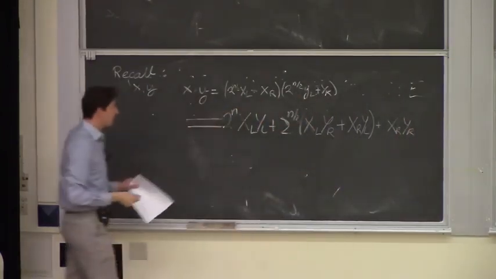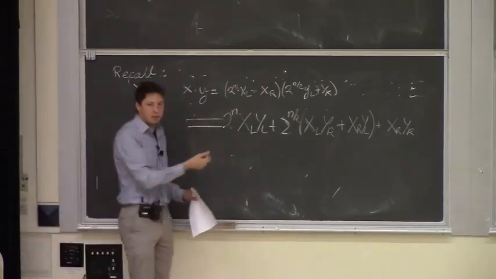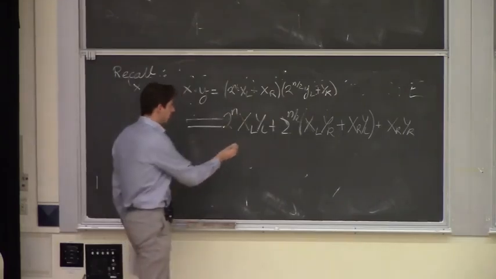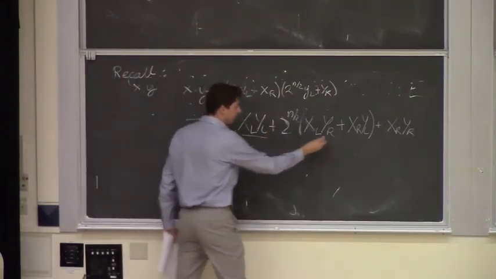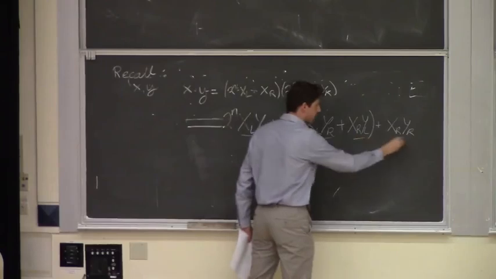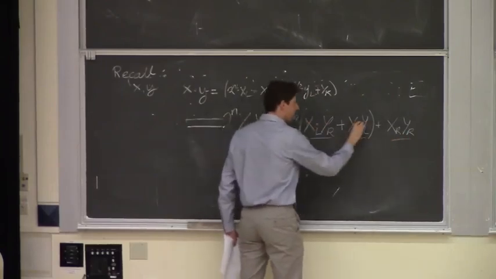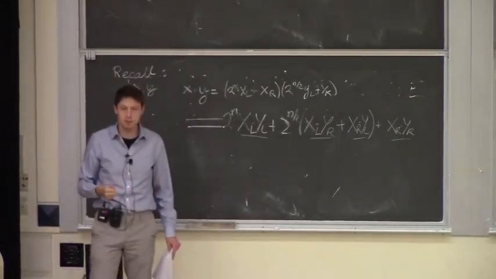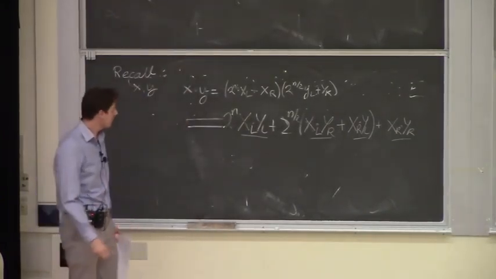So this is a recursive algorithm because I can find inside it subproblems of the same problem that I started with. One subproblem, two subproblems, three subproblems, four subproblems. All of these are integer multiplications that involve integers that are half as big as what I started with, okay?